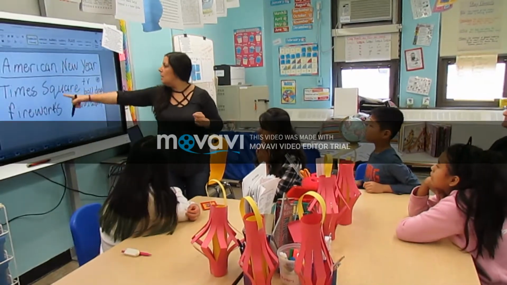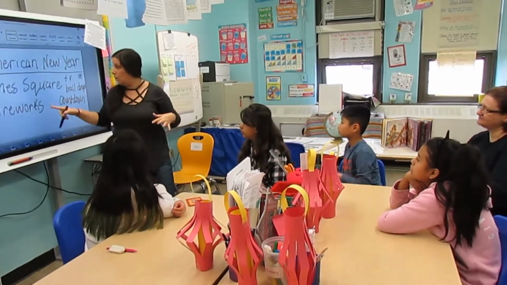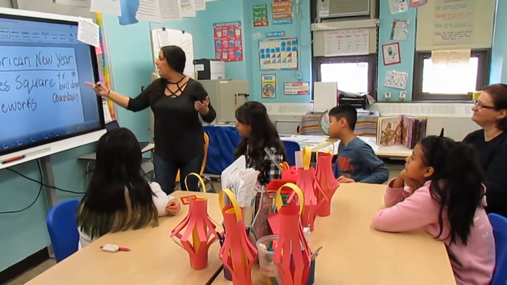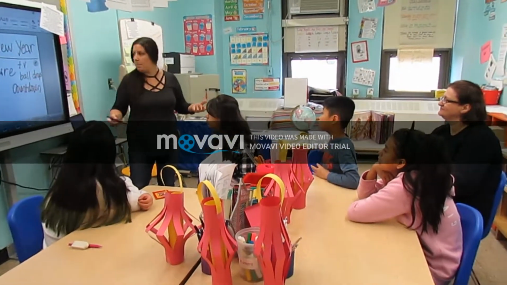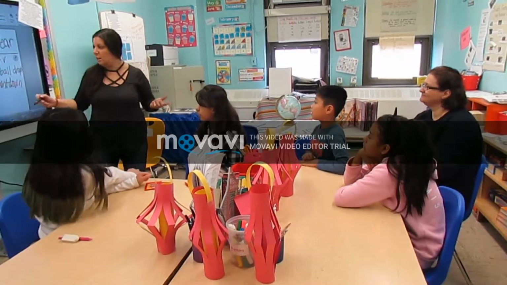Okay. So Times Square is pretty important to us in American culture, because that's where we watch the ball drop. Fireworks are important. Many people do the countdown. Some people watch it on TV. You think people who are home could have guests over? Could they have a party? Yeah. New Year's parties.